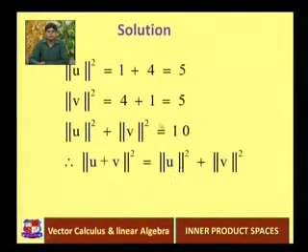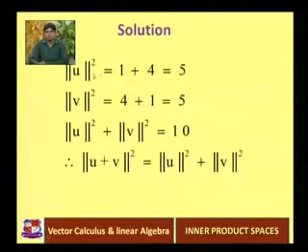Now find the norm of u squared: the sum of squares of the two elements of u. The first element is 1 and its square is 1, plus the second element is 2 and its square is 4. The resulting value is 5.